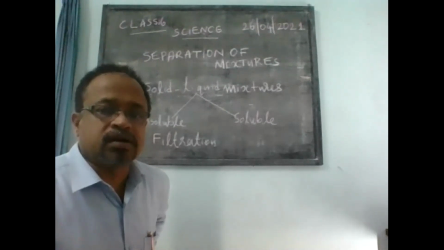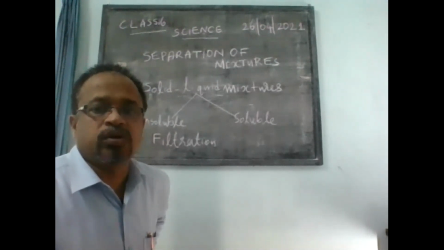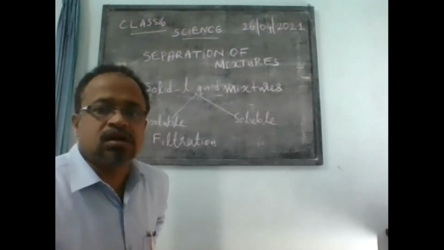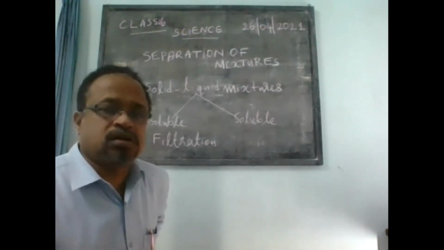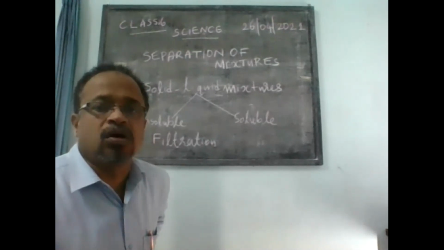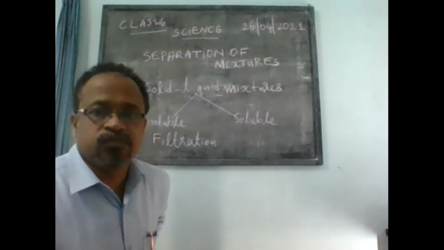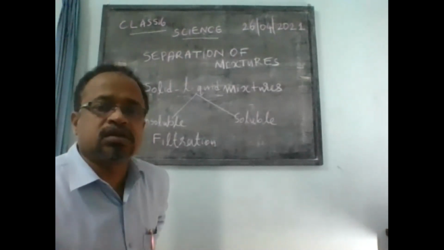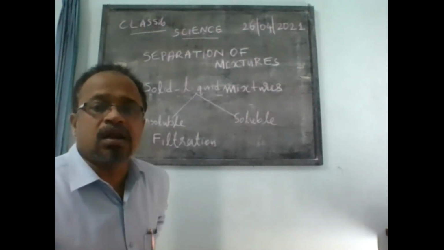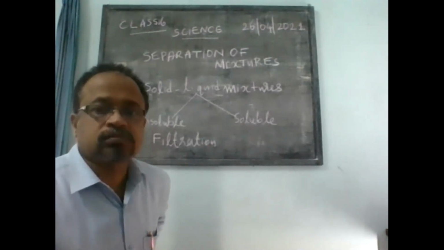It can be separated by sedimentation and decantation. The process of settling down of heavy suspended particles in a liquid is called sedimentation. The process of separating the sediment without disturbing the clean liquid is called decantation.